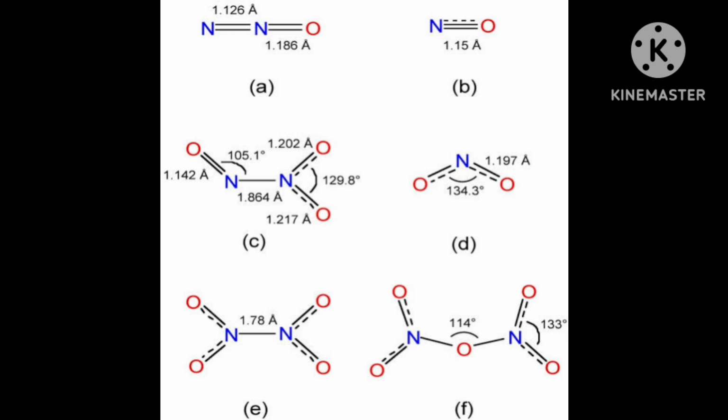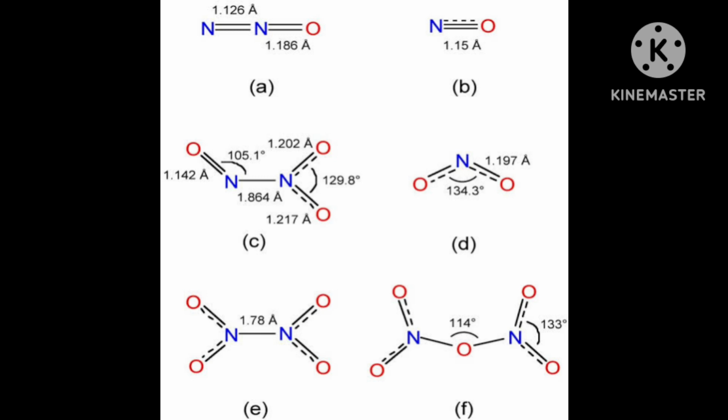Okay. Then what about their bond and angle? Because this is not linear, it has some angle. Actually, this is planar, but between the 2 atoms they are making an angle.